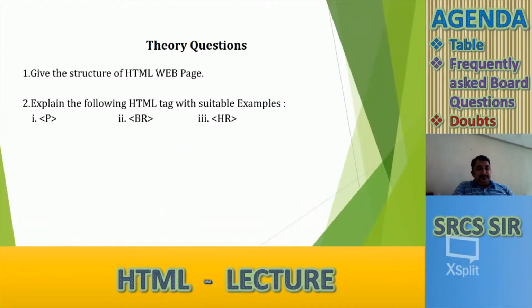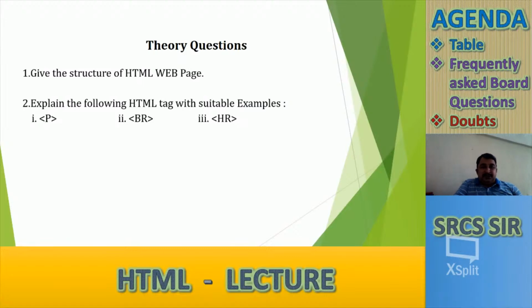Half mark is for the example and half mark is for the explanation with the syntax. Syntax means if you are using any attribute or any explanation with the particular tag. Clear? So paragraph tag as well as break tag and HR tag.